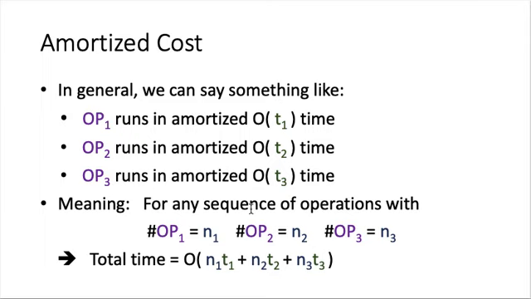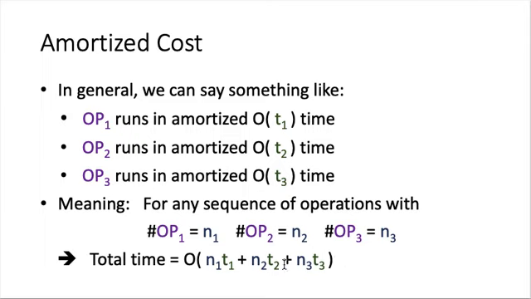It means that suppose that we perform N1 operations of operation 1, N2 operations of operation 2, and N3 operations of operation 3. Then with these statements, it means that the total time is big O of N1T1 plus N2T2 plus N3T3.